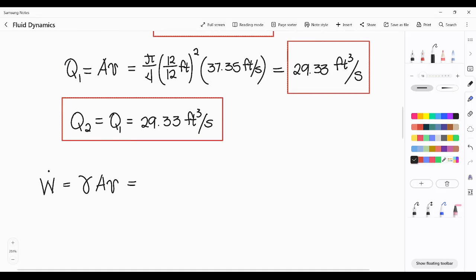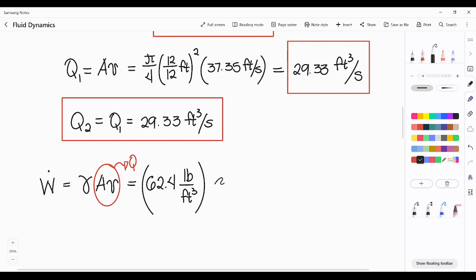Our gamma for water in the English units is approximately 62.4 pounds per cubic foot. And again, our cross-sectional area times velocity, but we know that this is Q, right? This is equal to Q. It doesn't really matter if Q2 or Q1 because they're equal. So let's just multiply that by Q to make it easier.